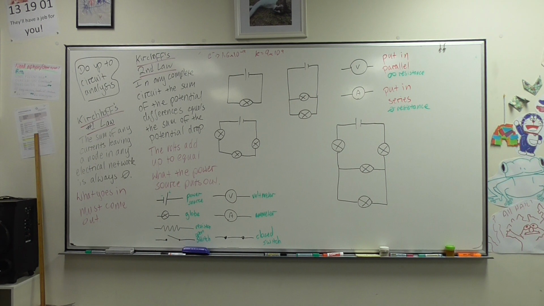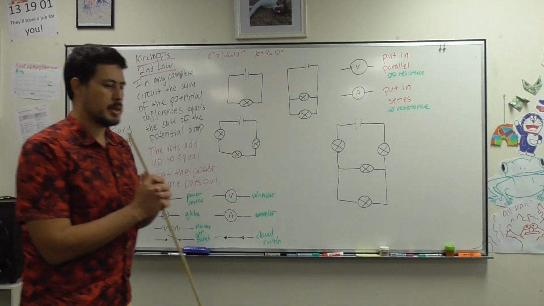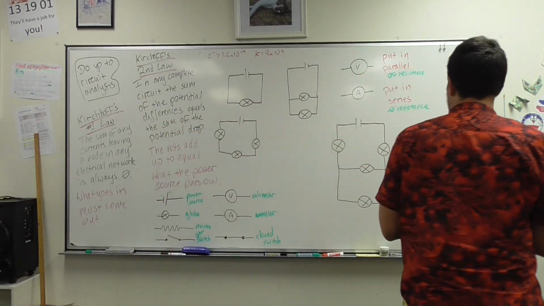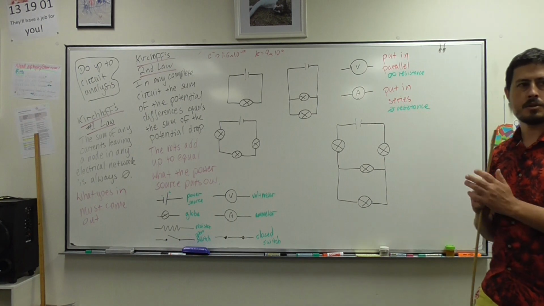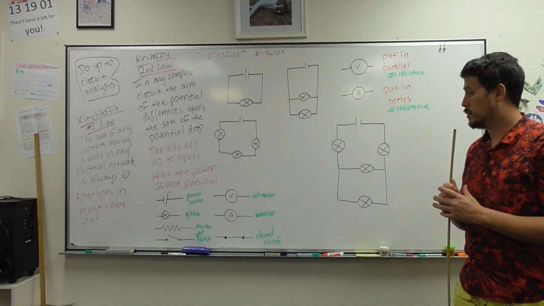So volts is normally equated to how much water pressure there is, and amps, if we're dealing with Kirchhoff's first law, is often talked about as the flow rate of the water, like litres per minute, because amps is coulombs per second, and a coulomb is an amount of charge, just like a litre is an amount of water.